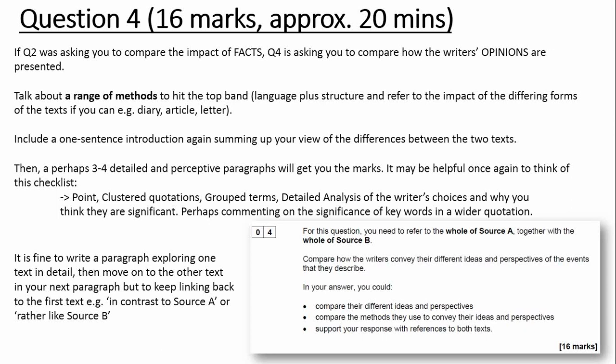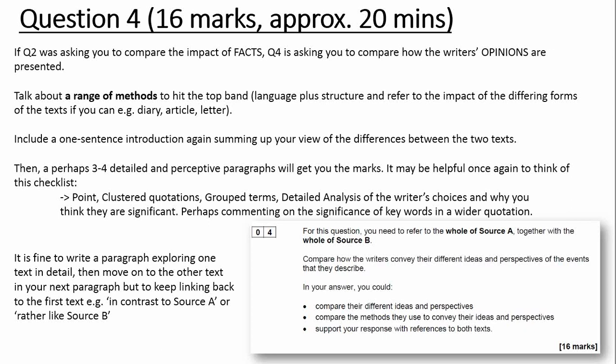But it could be something like, for example, the first writer had a delightful time in their chosen location and viewed it as being a paradise on earth. That might be your first point, and the second one could be something along the lines of the second writer absolutely hated the time that they spent in their place, and they had a terrible time due to a range of factors. That's the sort of thing we're looking at as an overview.